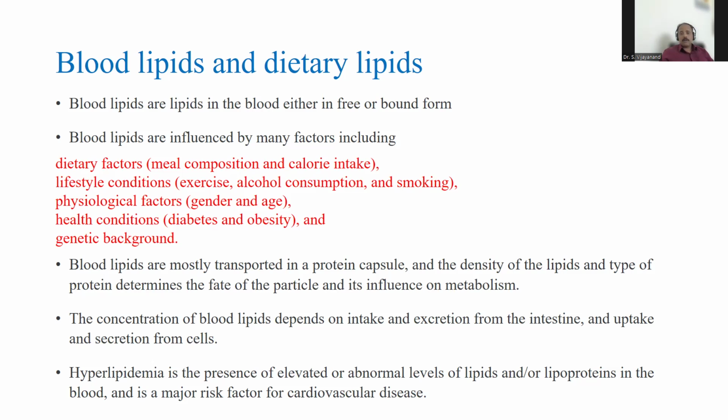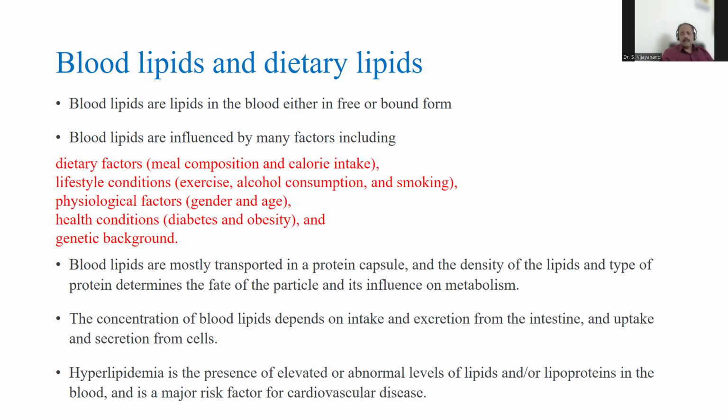When you talk about the concentration of blood lipids, in the subsequent slides we are going to talk about the different types of blood lipids, their normal range, and their significance as well.